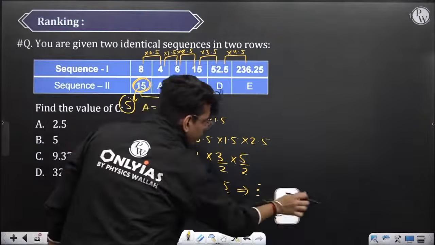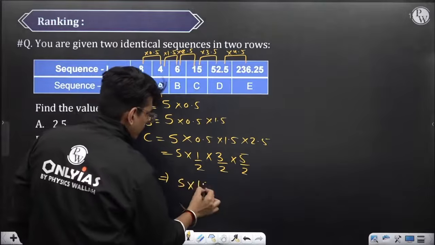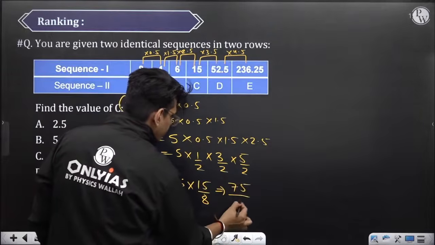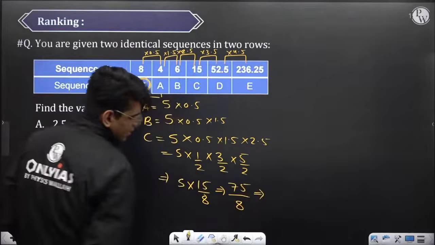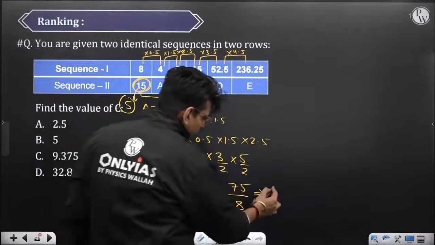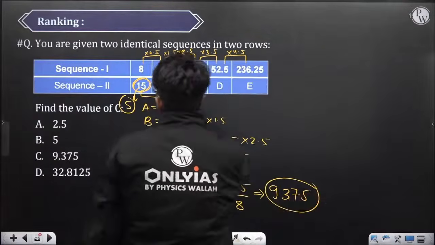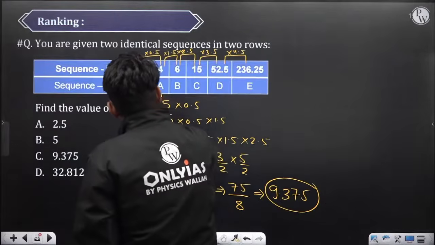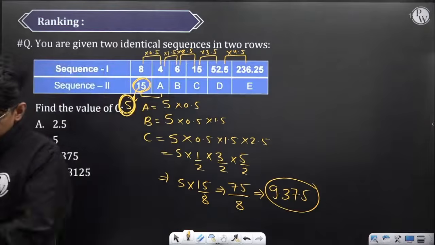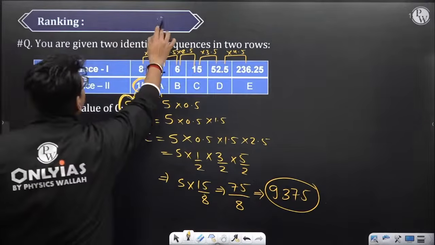So this will be 5 into 15 by 8, which is 75 by 8, which is 9.375. Please change the question, this is not 15, this is 5. This is a typo. Done. Value of C. This is a question from 2021.